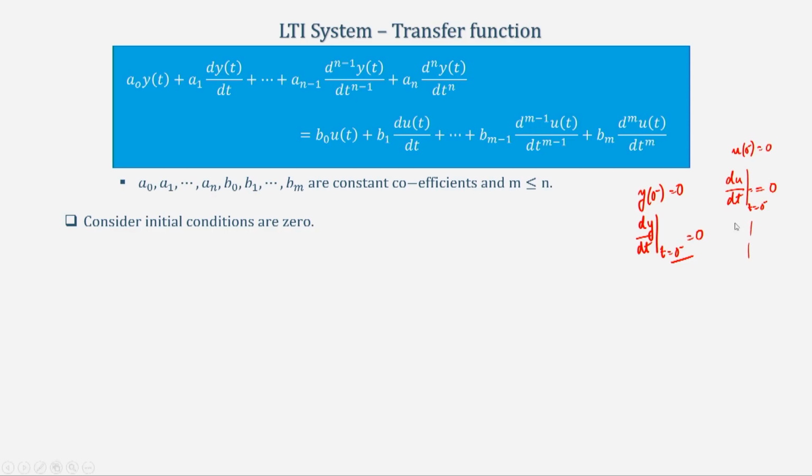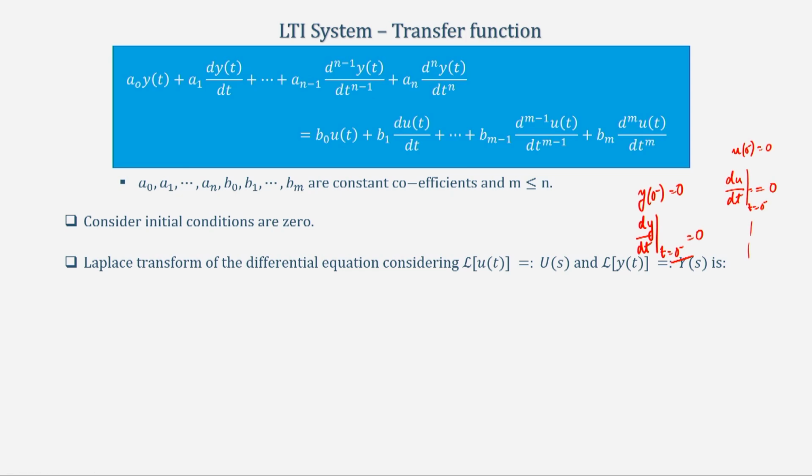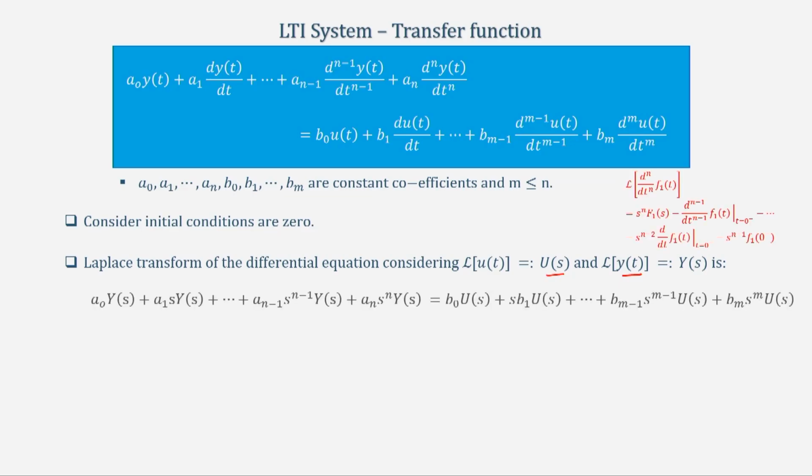With that assumption, you can take the Laplace transform on both sides of this equation. Here we are assuming that the Laplace transform of the input is U(s) and the Laplace transform of the output y(t) is Y(s). So what do we have if we take the Laplace transform? I can use superposition. This is a constant, I can take it out.